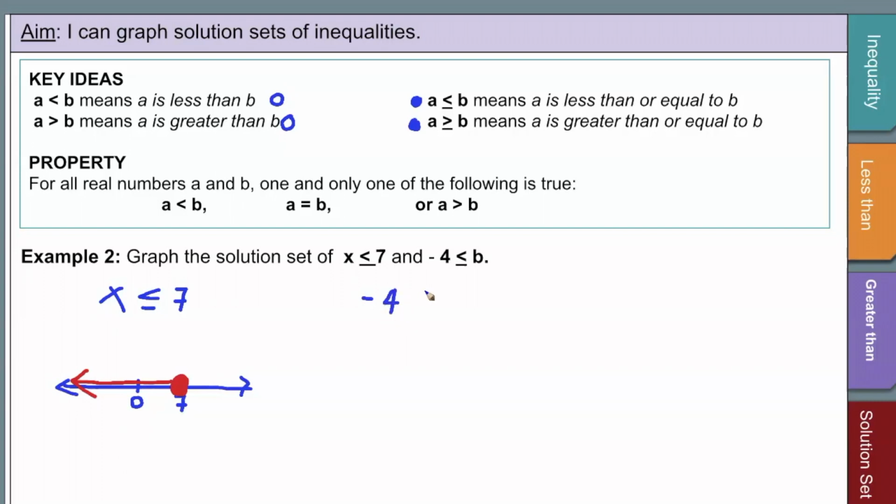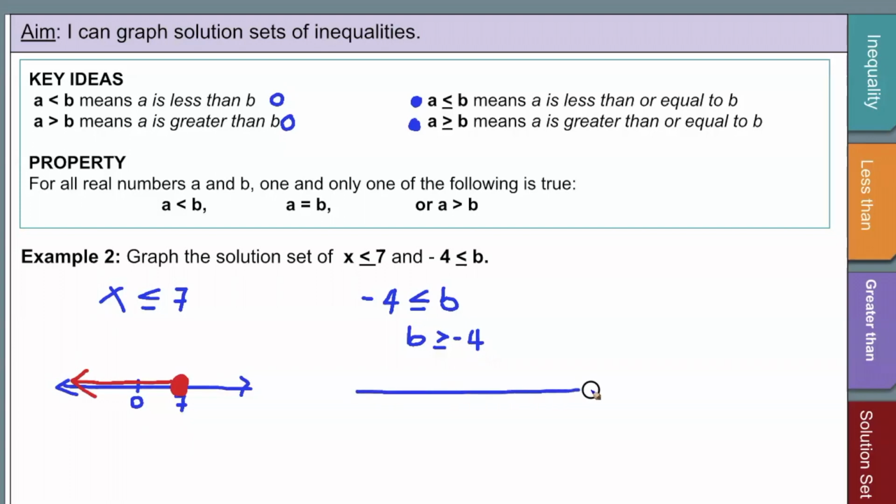As for -4 less than or equal to b, it is easier to graph the solution set of an inequality like this if you rewrite the inequality with the variable first. So let's rewrite -4 less than or equal to b as b greater than or equal to -4.